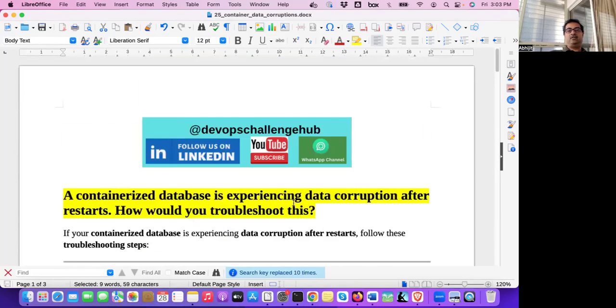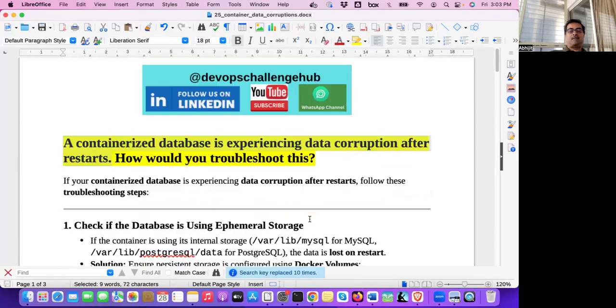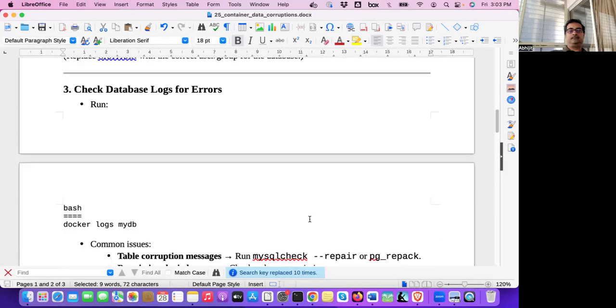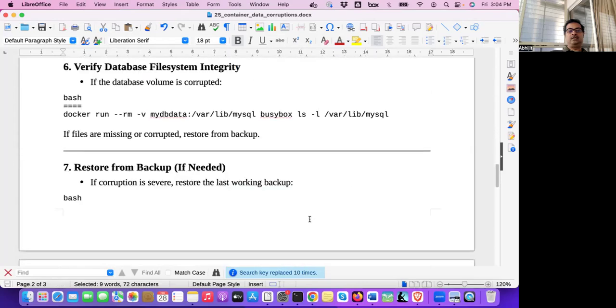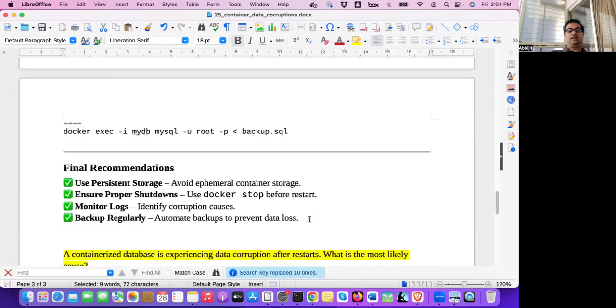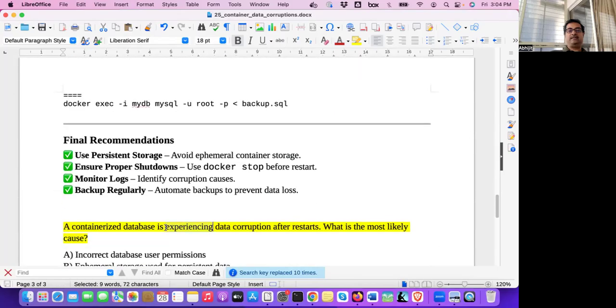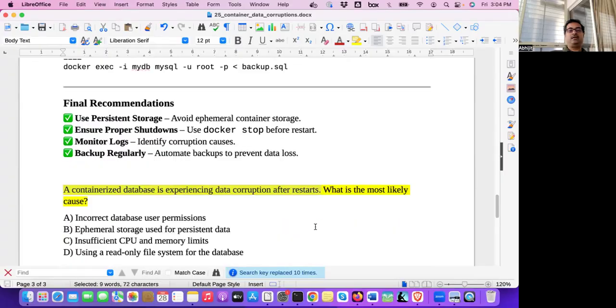And now we'll go through today's quiz. Today's quiz is: a containerized database is experiencing data corruption after restarts. What is the most likely cause?